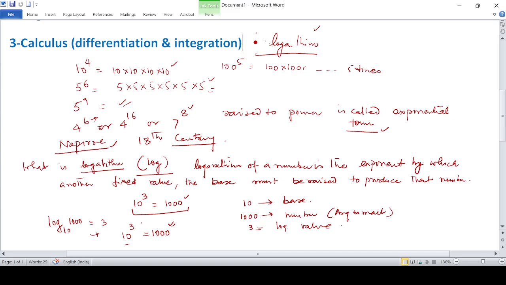It is the whole reverse of exponential form. Okay. This is very simple.